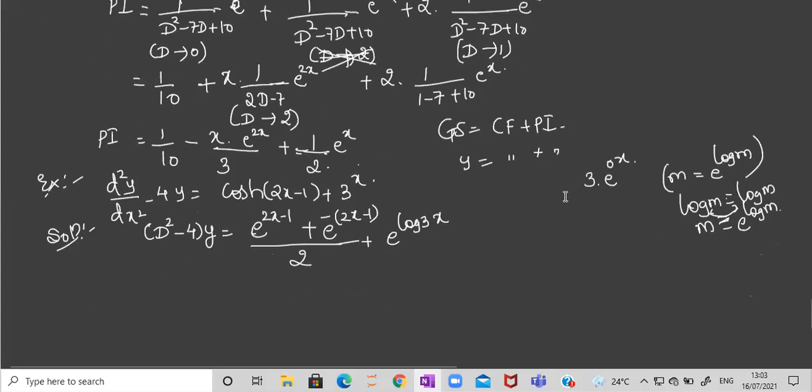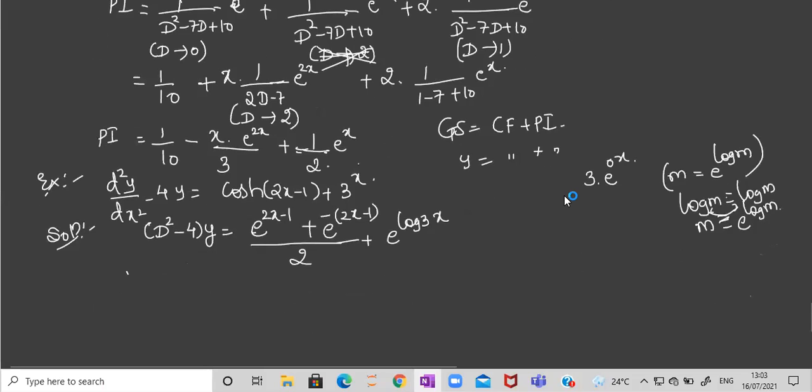Right, now the auxiliary equation: m square minus 4 is 0. What are the roots?